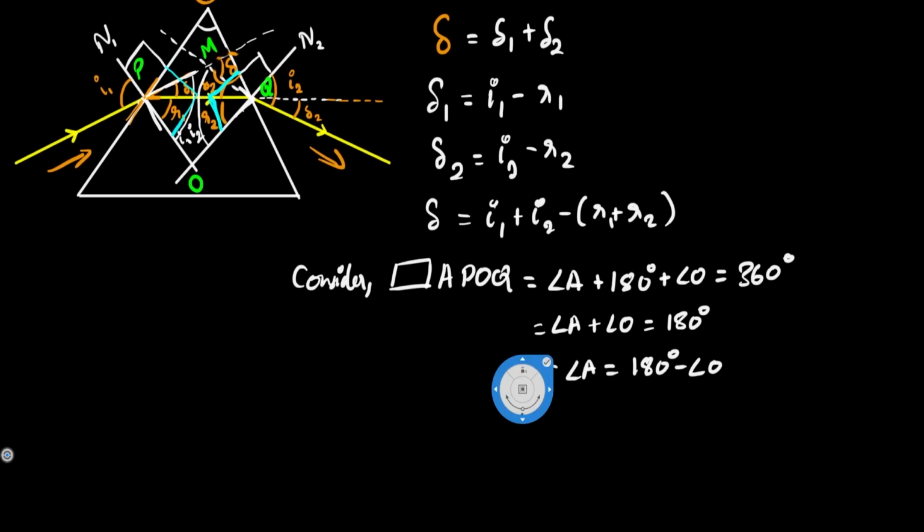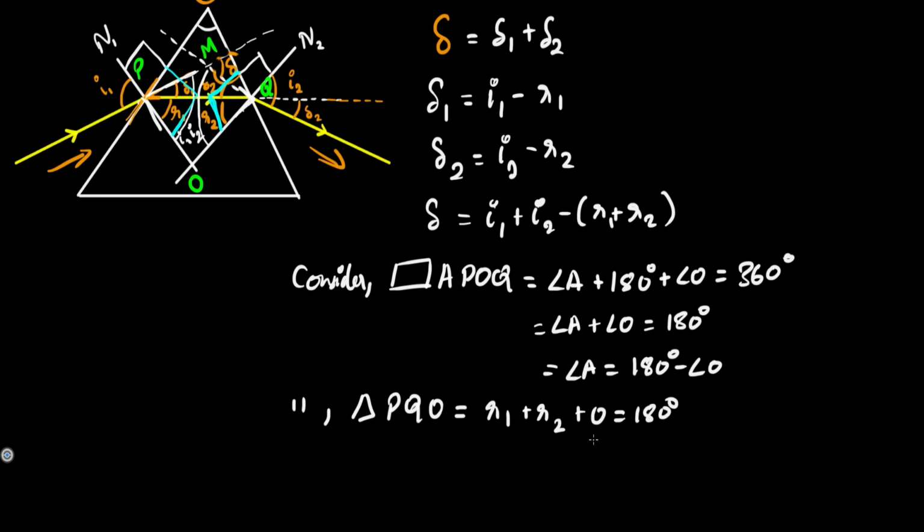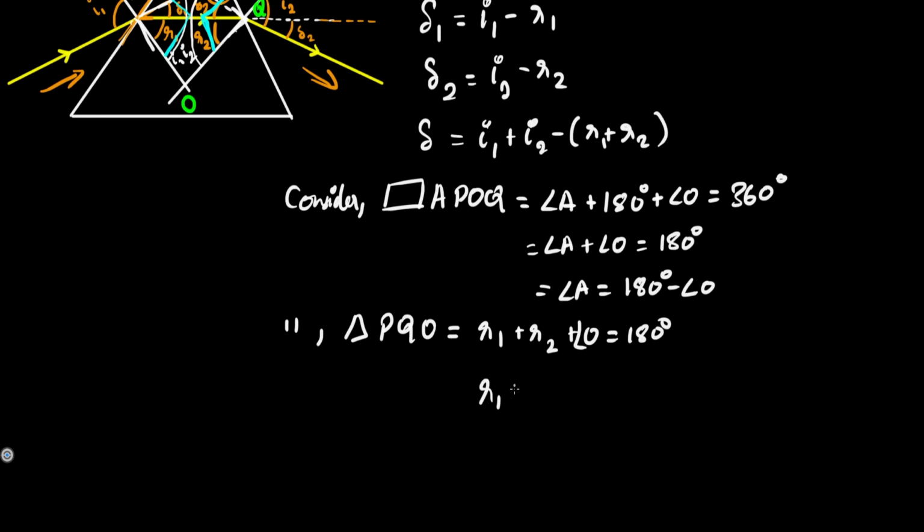Now amazing. Let's consider triangle PQO. Angle R, so R1 plus R2 plus O is equal to 180 degrees. Now that's angle O, right? So what do I find? R1 plus R2 is equal to 180 minus angle O. So what is 180 minus angle O?